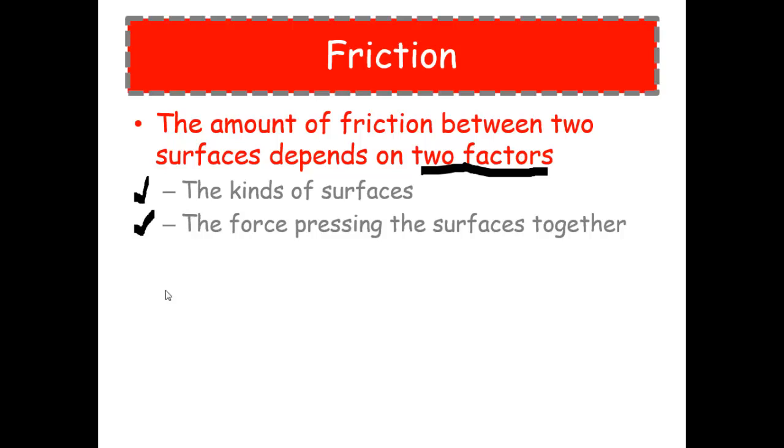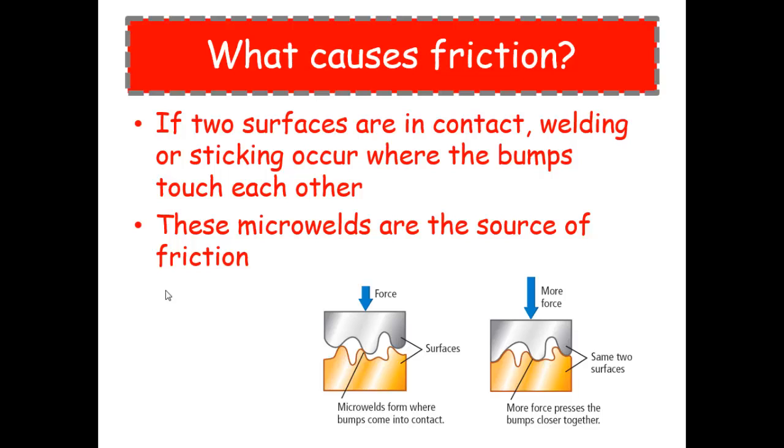Now, this is going to make sense with what causes friction, to explain what friction is a little bit more. If two surfaces are in contact, you're going to get sticking. Now, what you have to understand, if we look at this picture down here at the bottom, is that every single surface, no matter how smooth it is, has ridges.